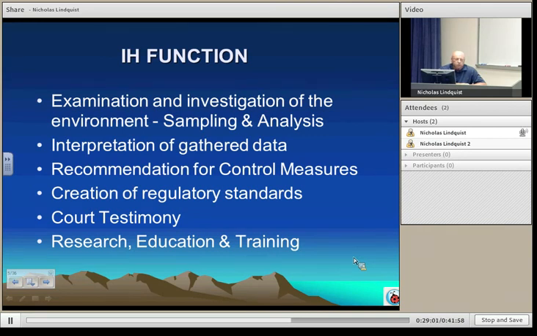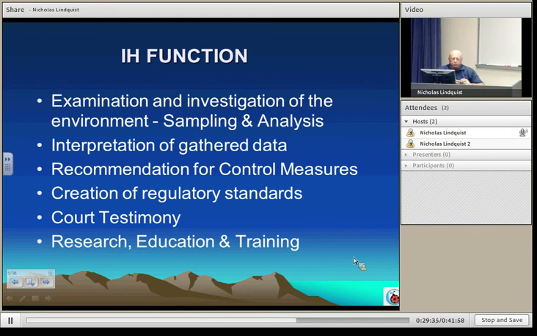So if we take a look at the history of industrial hygiene, there are a lot of people, and maybe even some of you in this course, who have not heard of or are not real familiar with what industrial hygiene is. That's not uncommon. Industrial hygiene is a fairly new career path, in the last 2-3 or 4 decades, much like the environmental professional career path.